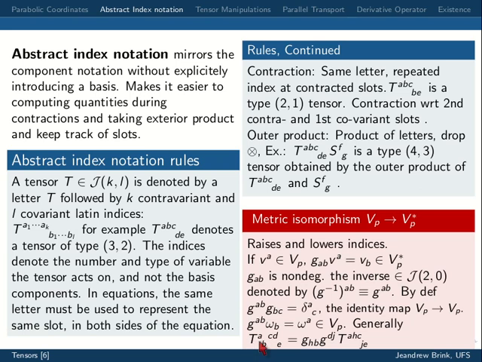Suppose you wanted to raise the index B up, and you wanted to lower the index D. What you would do is simply, if you look at this expression now, we have T^A, so A has remained unchanged, and C has remained unchanged.